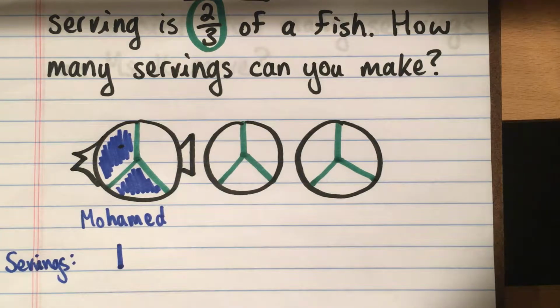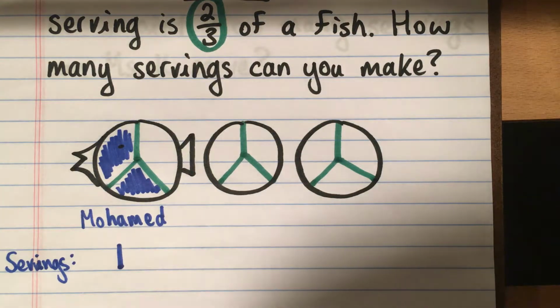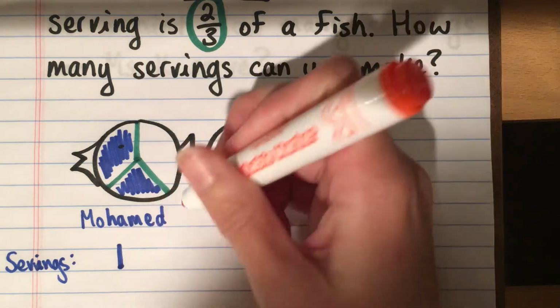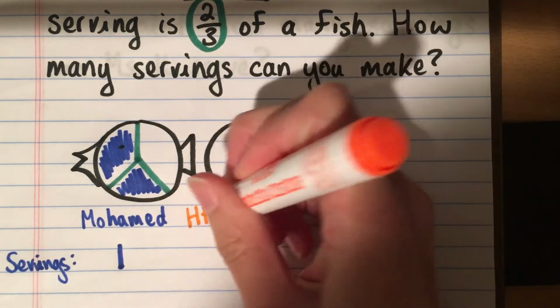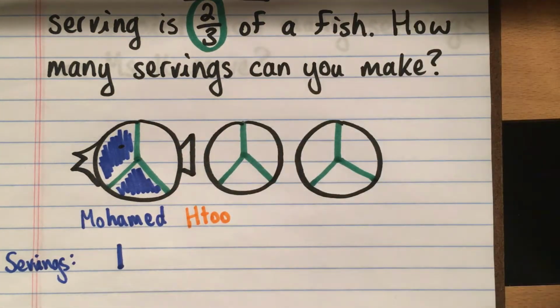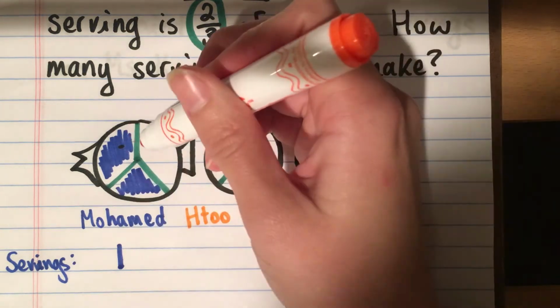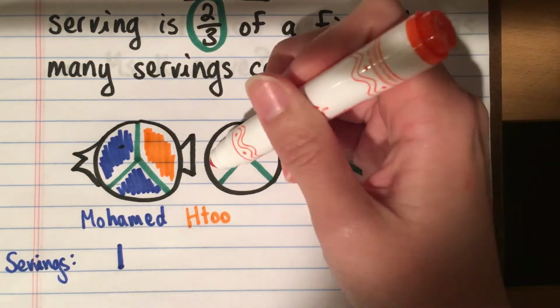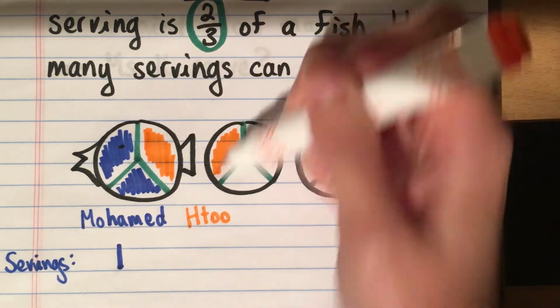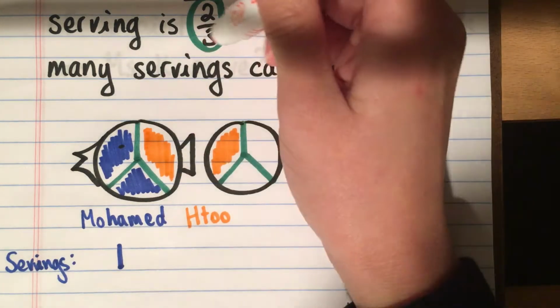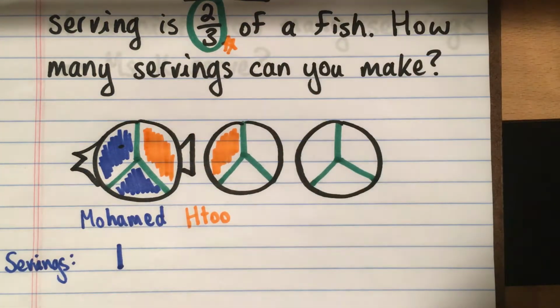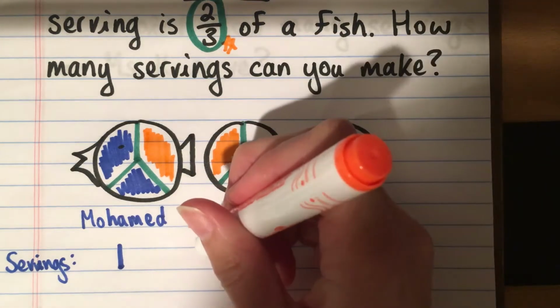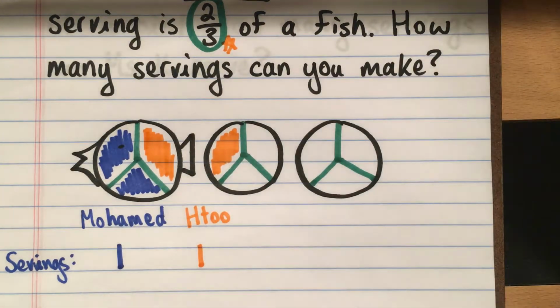Okay. Then 2 came to the party. And I'll say, do we have enough to serve 2 also? Let's see, we have 1/3, 2/3. Each serving is 2/3. So yes, 2 gets 1 serving.